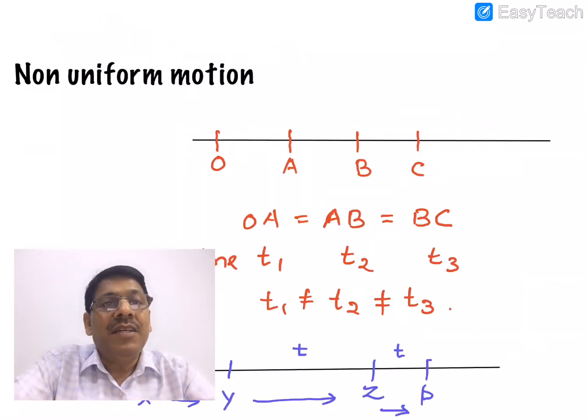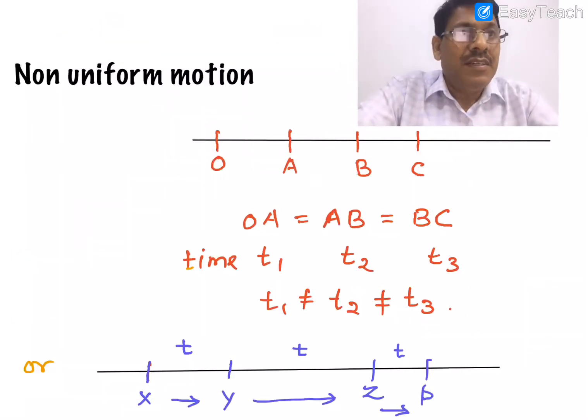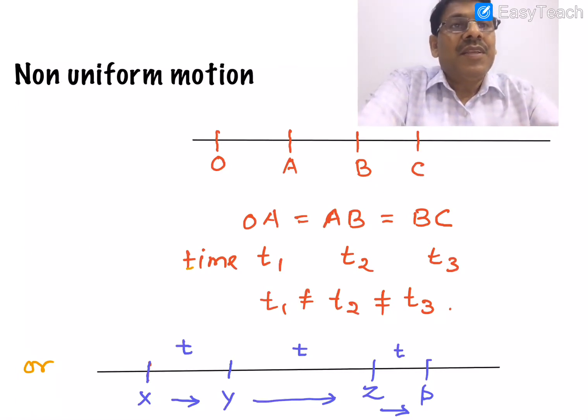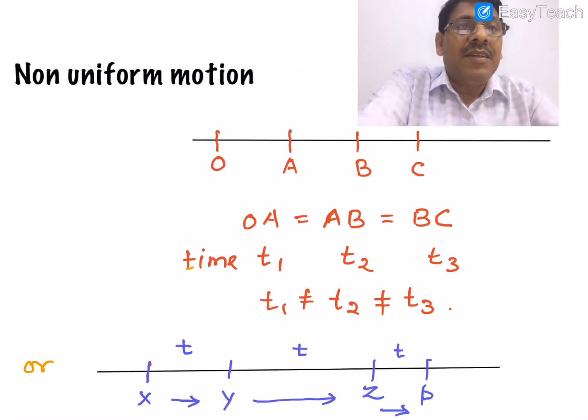And now the non-uniform motion. In non-uniform motion, you see equal intervals of distance x: OA, AB, BC.